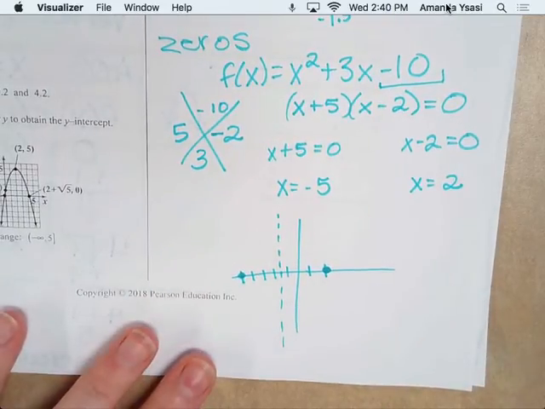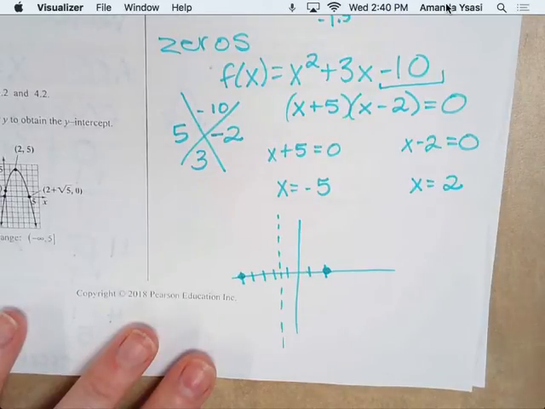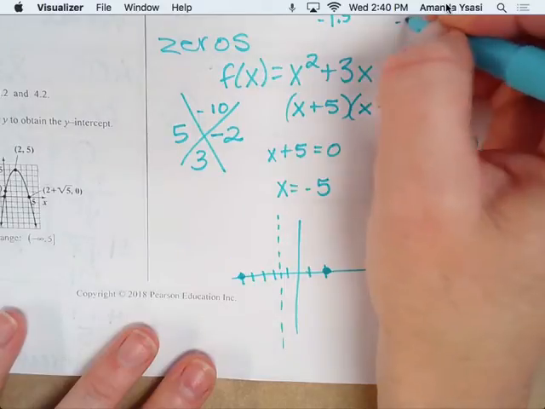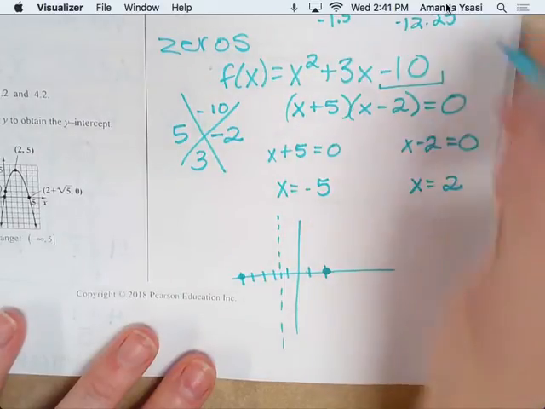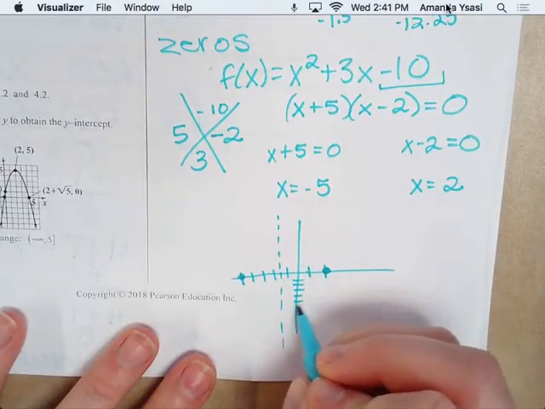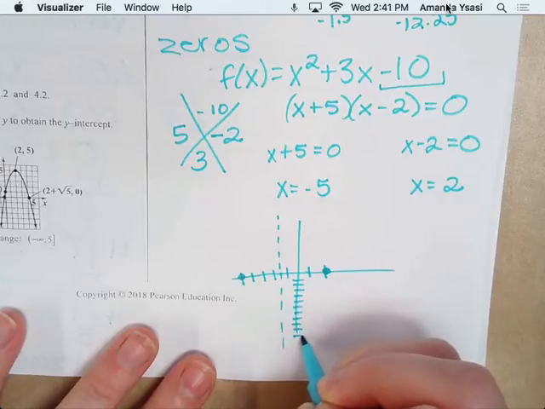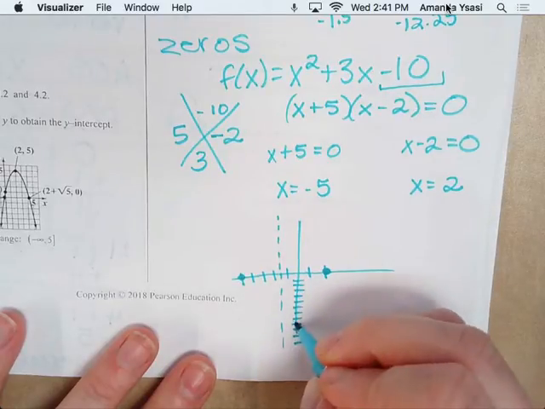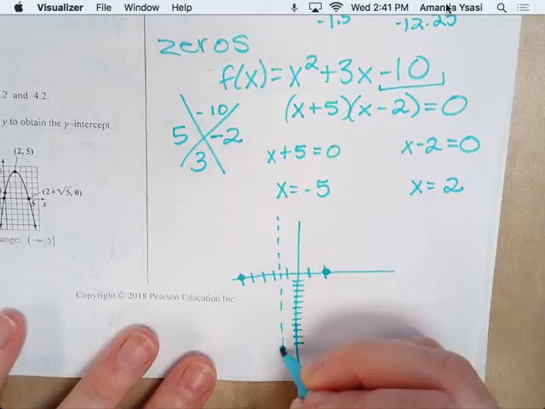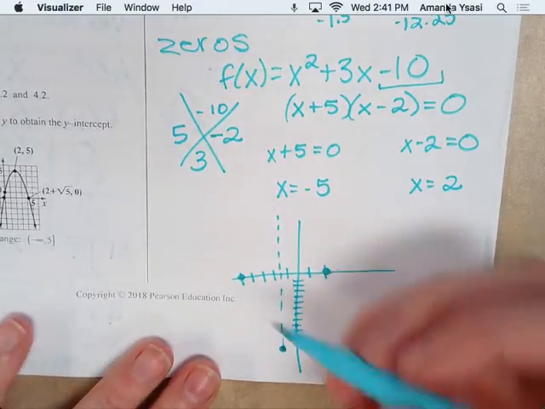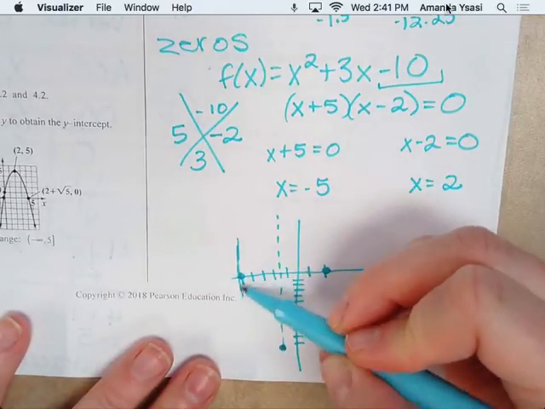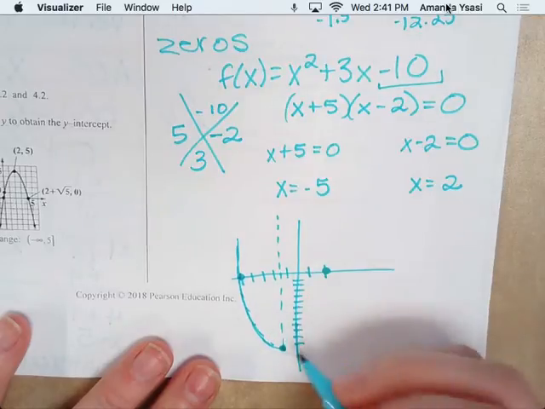And then what's -49 divided by 4? Okay, -12.25. 1, 2, 3, 4, 5, 6, 7, 8, 9, 10, 11, 12. So 12.25 is like that, I guess. And so then you could kind of trace out a parabola.